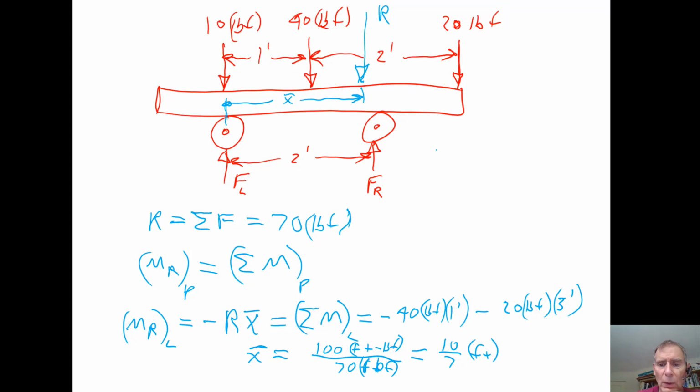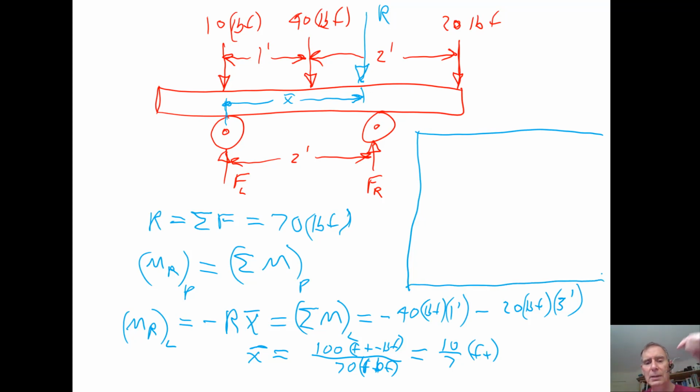So why don't we solve for that? Now we will do the equations of equilibrium. First of all, there are no forces in the x direction, so we'll just sum the forces in the y direction. They have to add up to 0.